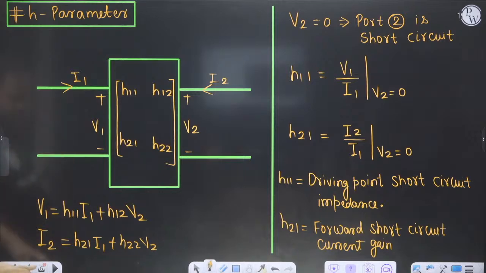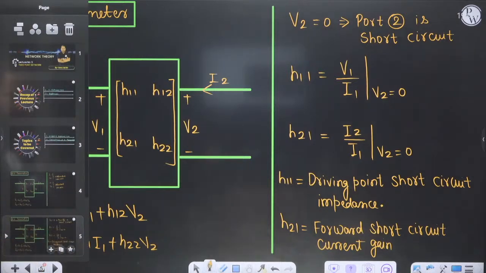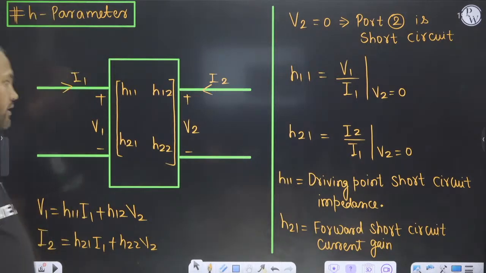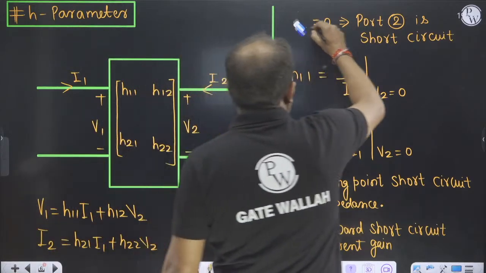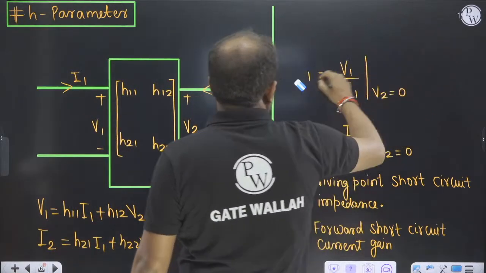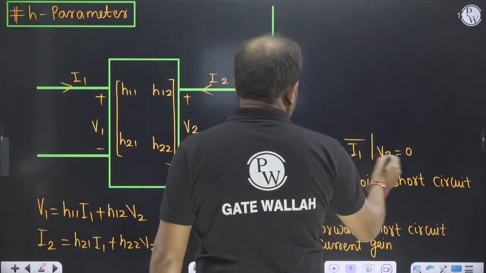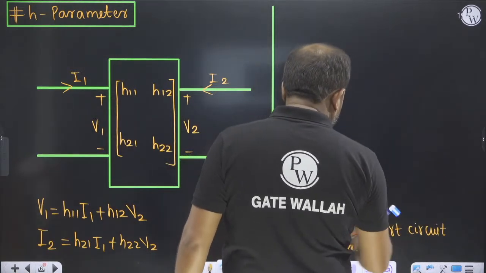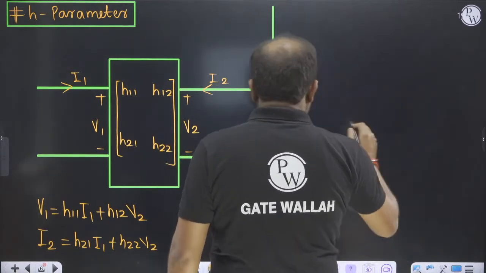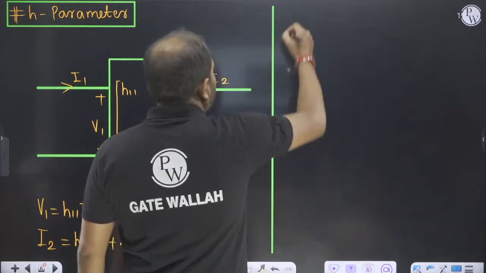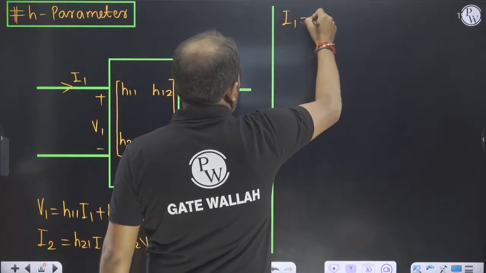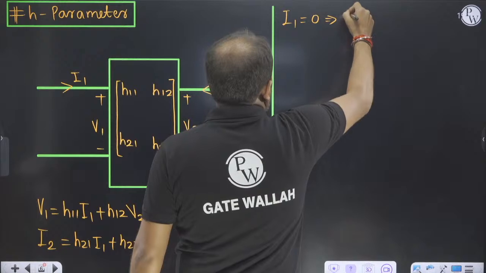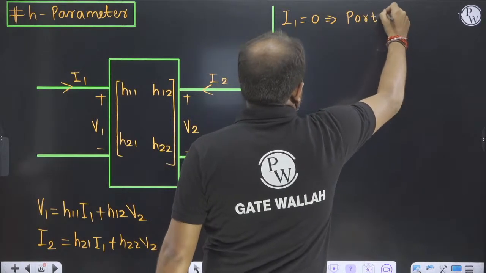Next point is when I1 is 0, that is, port 1 is open circuit.